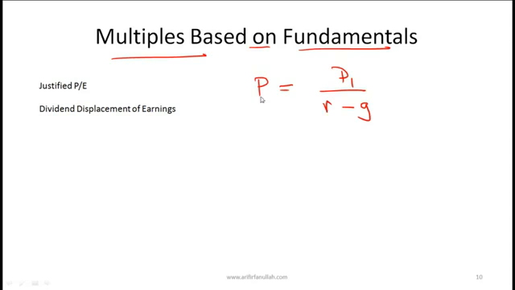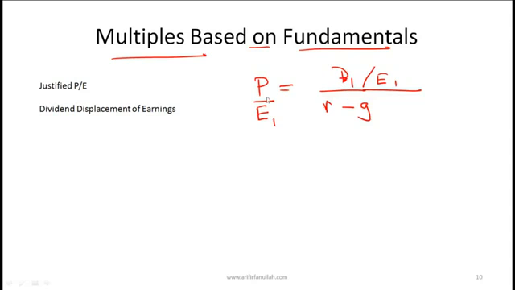If we divide both sides of this equation by, let's say, E1, so P over E1, this is your leading or forward-looking PE ratio, and we also divide the right side of the equation by E1. So your basic maths, when you're dividing this whole fraction by E1, it's the same as simply dividing the numerator by E1.